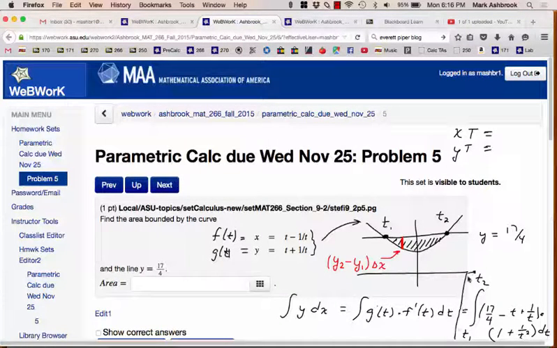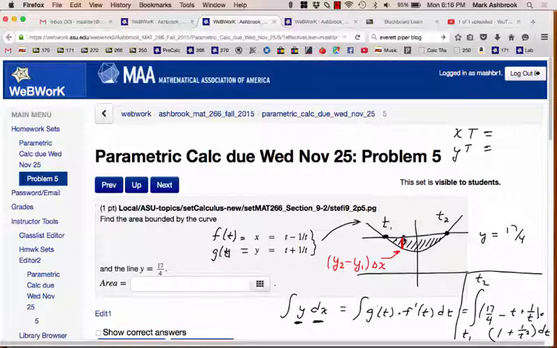Is there a question? Yeah, tell me. I understand that you have 1 plus t squared, but how do you make 17/4 go in with g of t? Because it's a typical slice, right? A typical slice is height times width, and the height is this y coordinate minus this one.